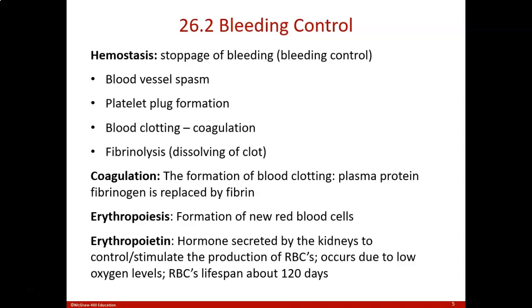That can happen because of low oxygen levels, or if the red blood cell lifespan is turning over, then that hormone is constantly secreted in order to maintain the number of red blood cells that individual needs, in order to maintain the amount of oxygen supply that's necessary to keep that individual going, okay.